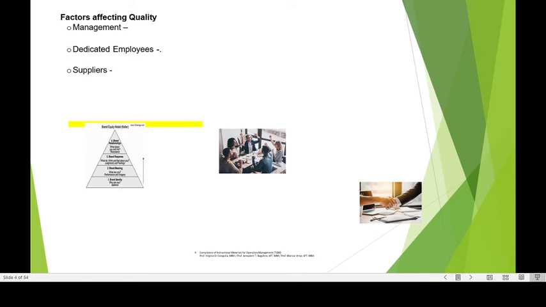So, dedicated employee talks about the frontliner of the company, which is us. Kung sino yung in charge in quality planning, quality controlling, and service after sales. And then for the third one, we have the suppliers. Suppliers are the people or the company who supply raw materials in the company.